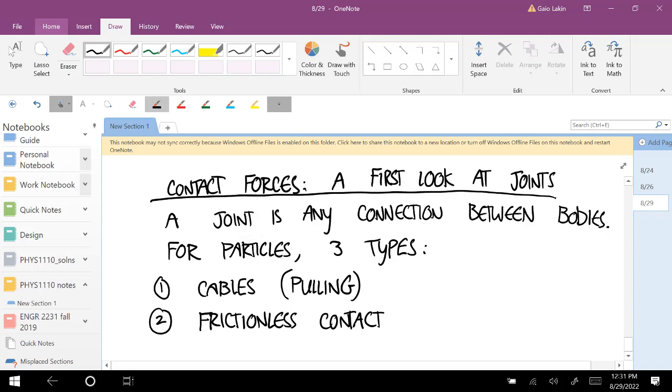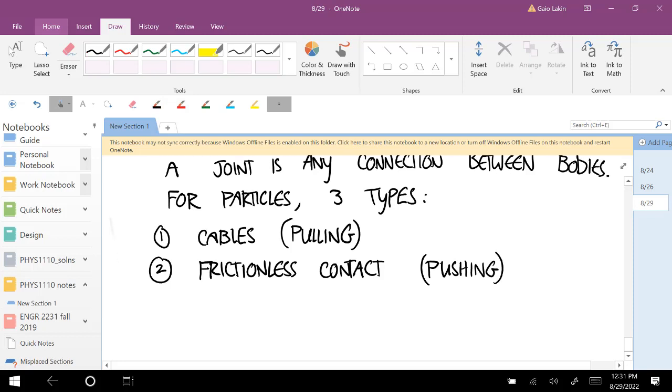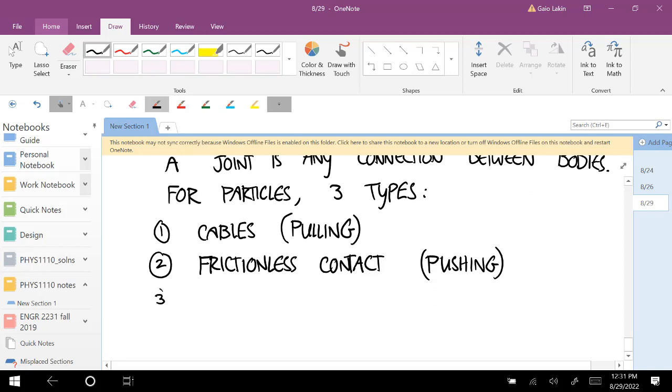And that's a pushing force. And the third is contact with friction, friction contact.